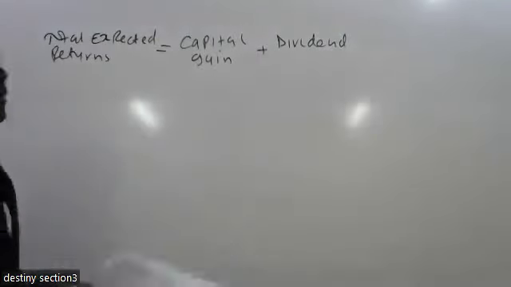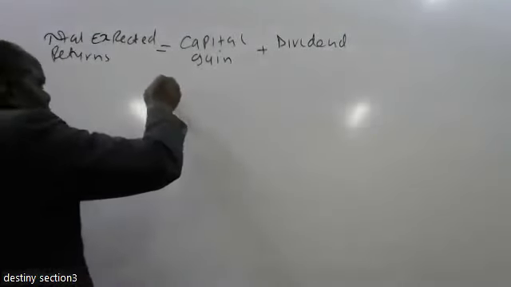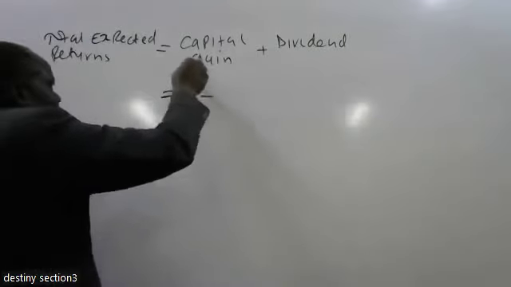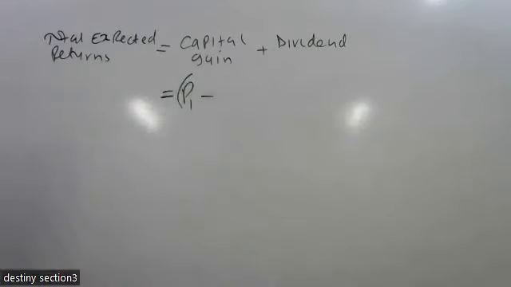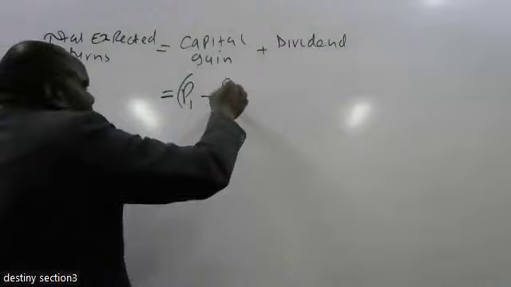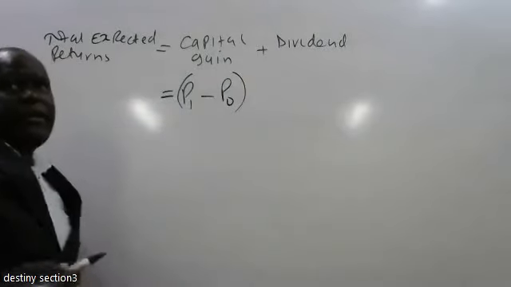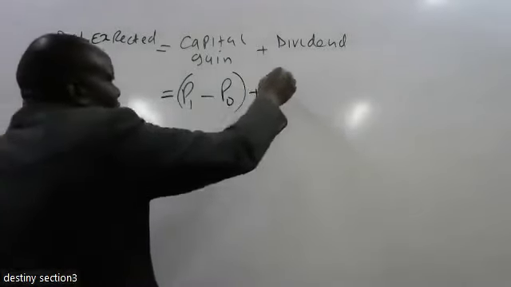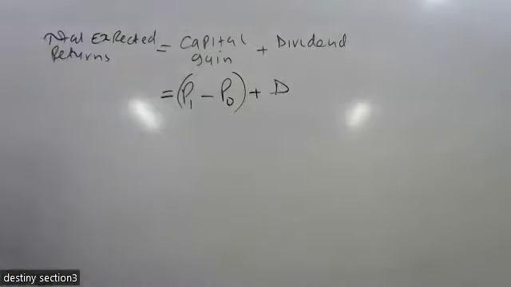The capital gain is P1, the price at the end, minus P0, the price at the beginning. Then you add the dividend.